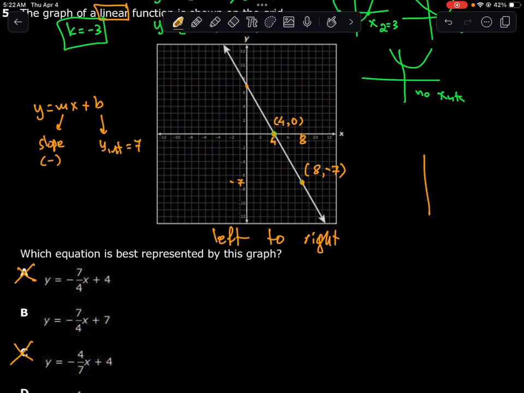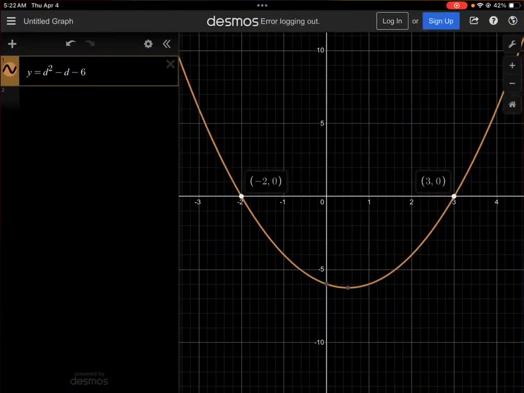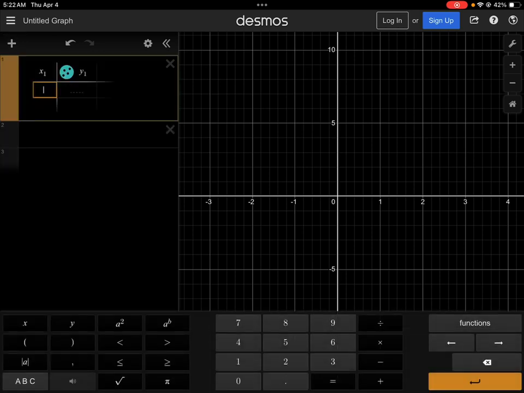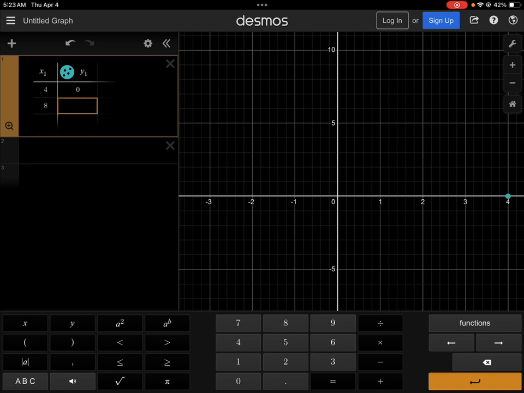To find the equation, I need the chart. Here is the chart. It will have 4, 0, and 8, negative 7. And that chart is going to give me the equation. Let's go to the graphing calculator. I add a table. I have 4 with 0, and then I have 8 going with negative 7.